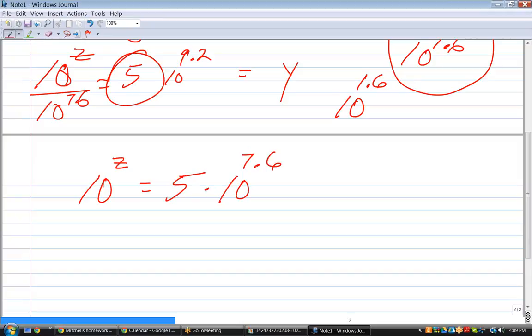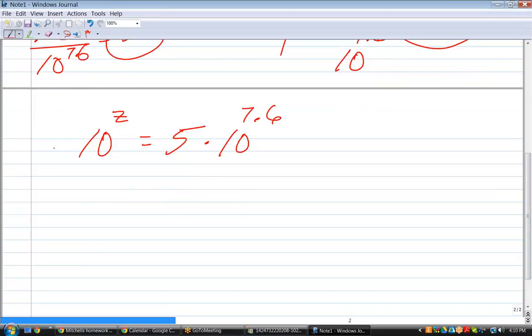Okay. Now, how do we solve for z here? Well, we could take the log of both sides. Let's see what happens if we do that.